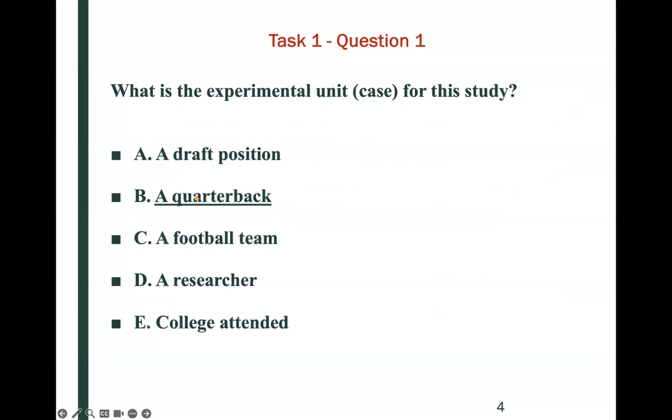That's why our experimental unit is a quarterback. In other words, we're not gathering data for different draft positions or the whole football team or a researcher, or a bunch of data on colleges. We're gathering the data on the quarterback. So that's why the quarterback is the experimental unit.